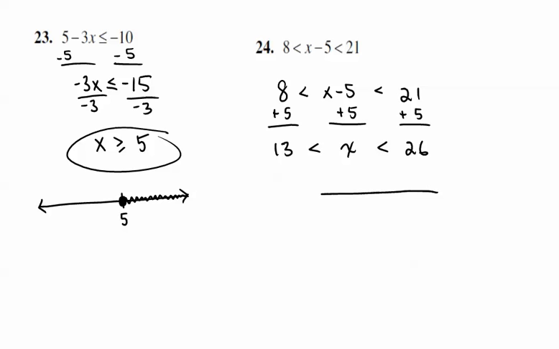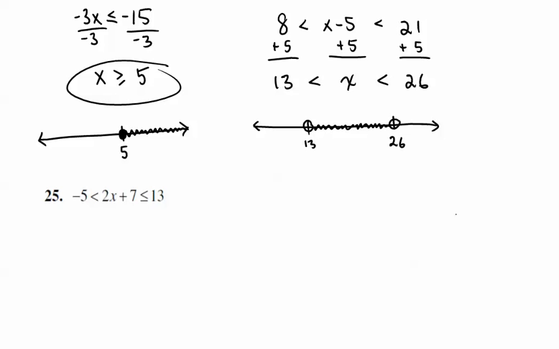And again, if we were going to graph that, we have a 13, we have a 26. Because there are no equal signs, we should have open circles, and we're going to graph in between them. A compound inequality always graphs in between 2 points there. And we'll go on to the final problem in this set.